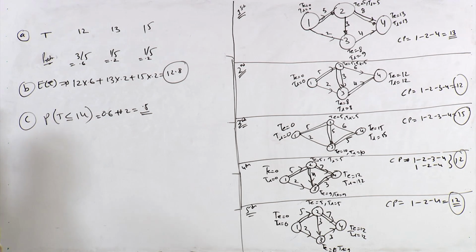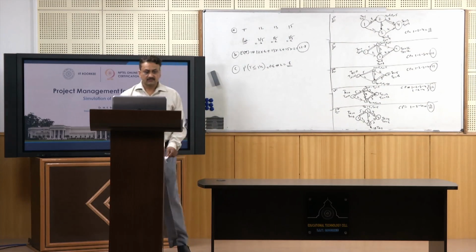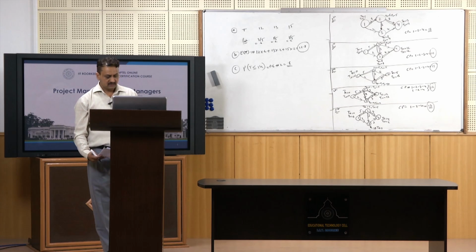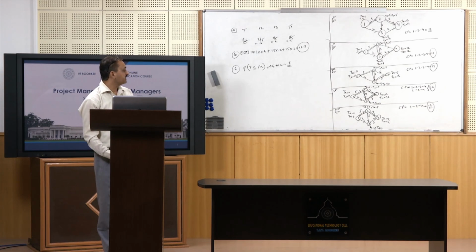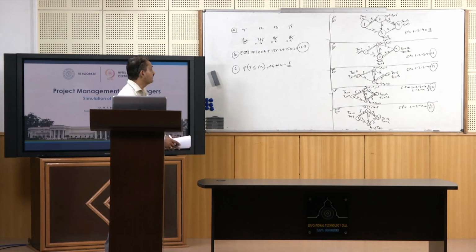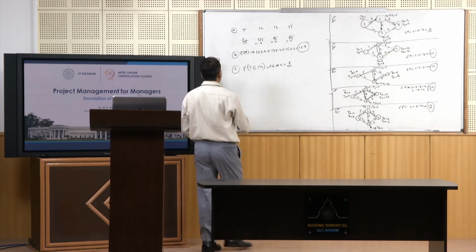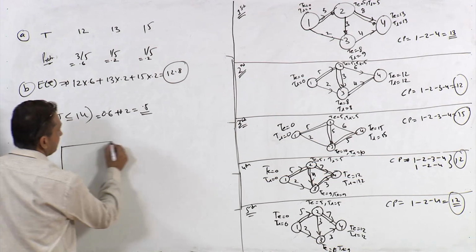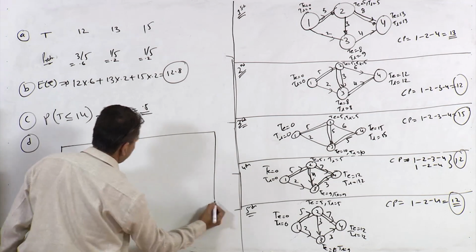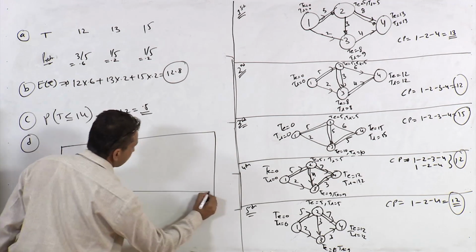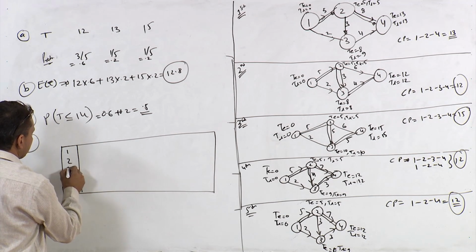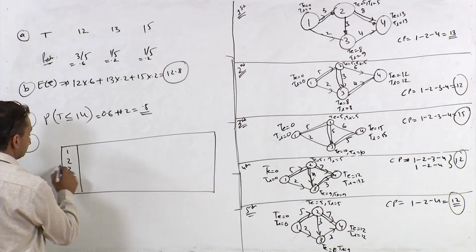Now the next part is the critical index of all the activities. Since there are different activities, we will have to find out how many times which activities were critical. So, let us look at the D part here. We did go for 5 runs: first, second, third, fourth and fifth.